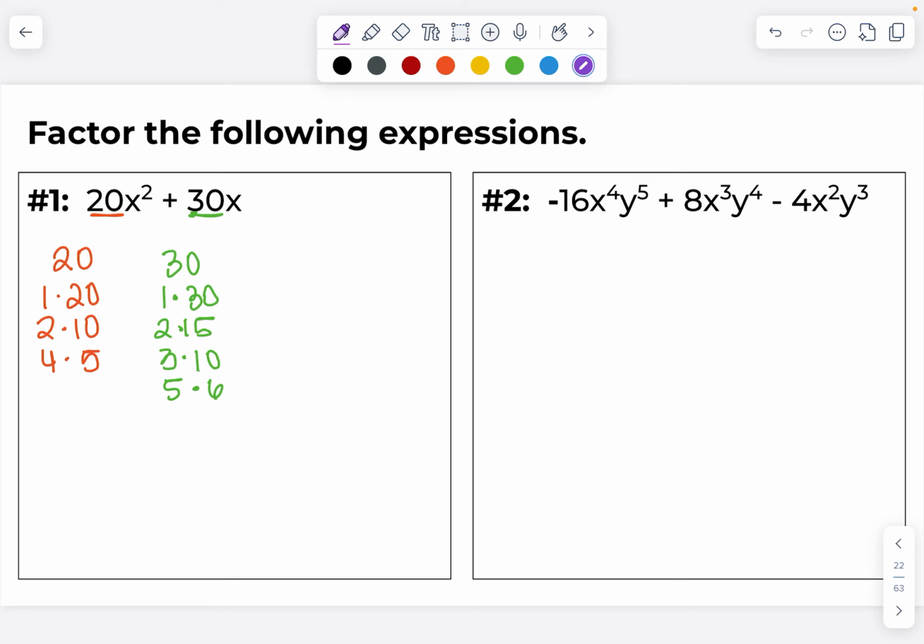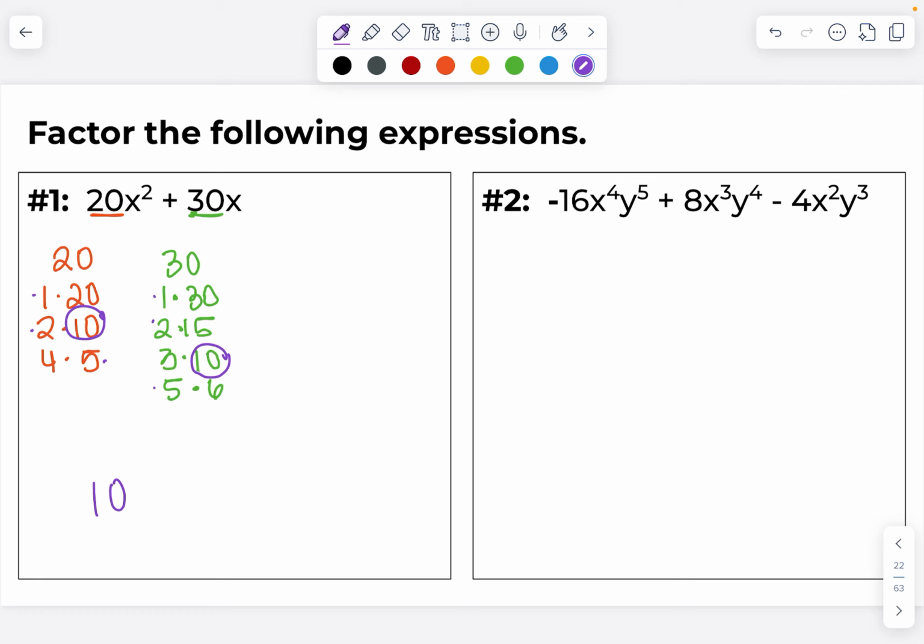Now, if I look at my list, I have some things in common. Both have a 1 and a 2. Both have a 5, but those aren't the greatest. The greatest number that goes into both is going to be that 10, so I can pull a 10 out.